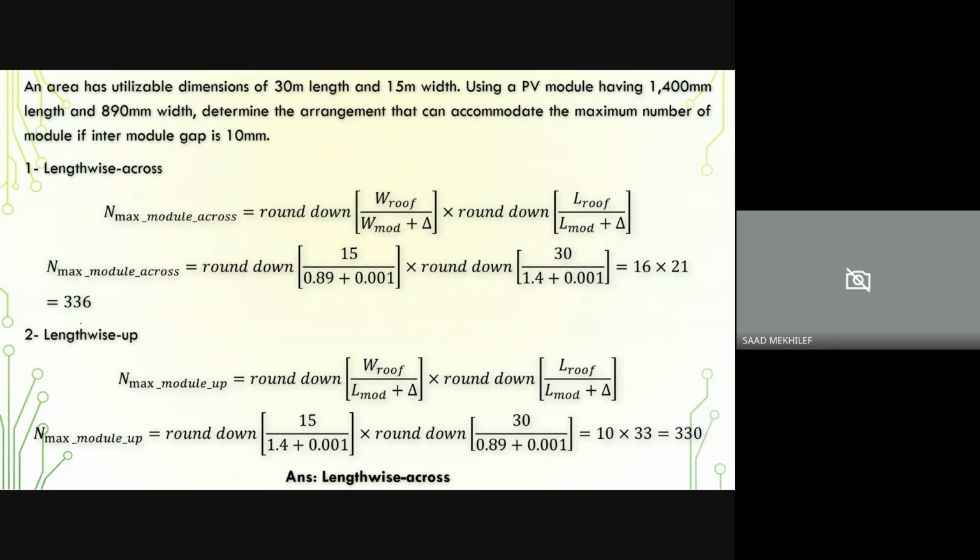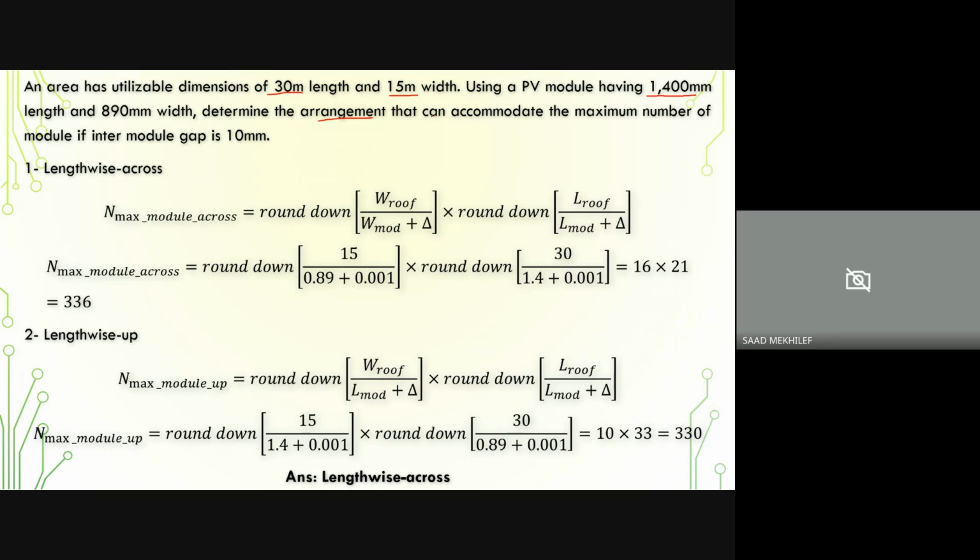So we calculate the number of modules. For example, we have an area which is 30 meters in length and 15 meters in width, using PV modules with a length of 1,400 mm, which is around 1.4 meters, and a width of 0.89 meters.